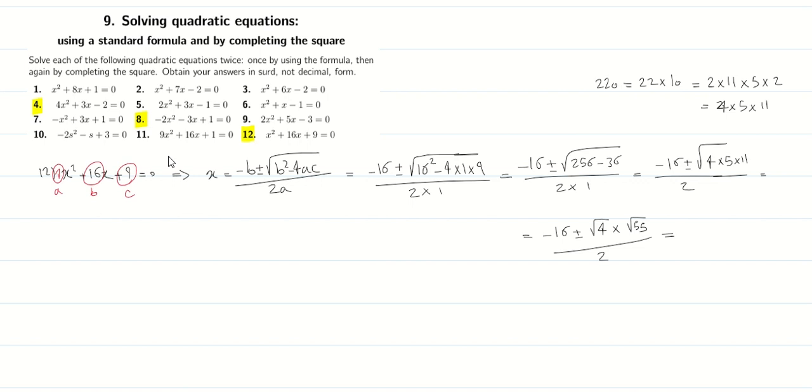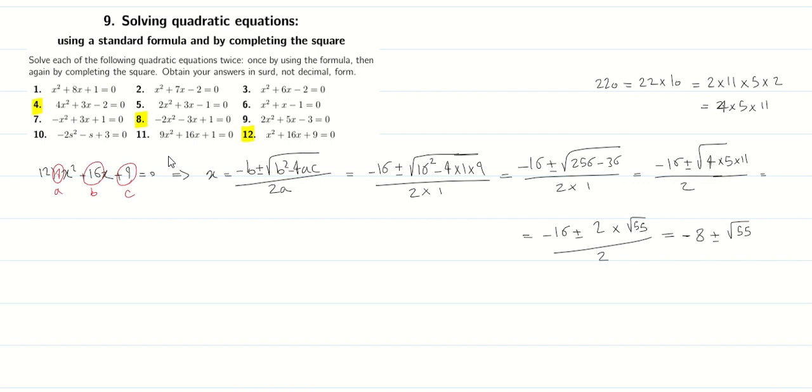So I can just write 2 instead of the square root of 4 in here. Now, if you see in here, all the numbers on the top can be divided by 2 at the bottom. So I can write this as negative 8 plus minus the square root of 55. And that would be our final solution.